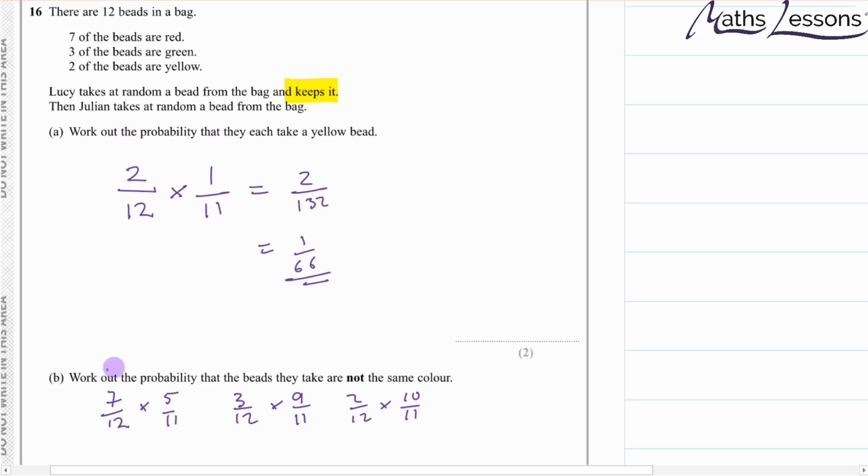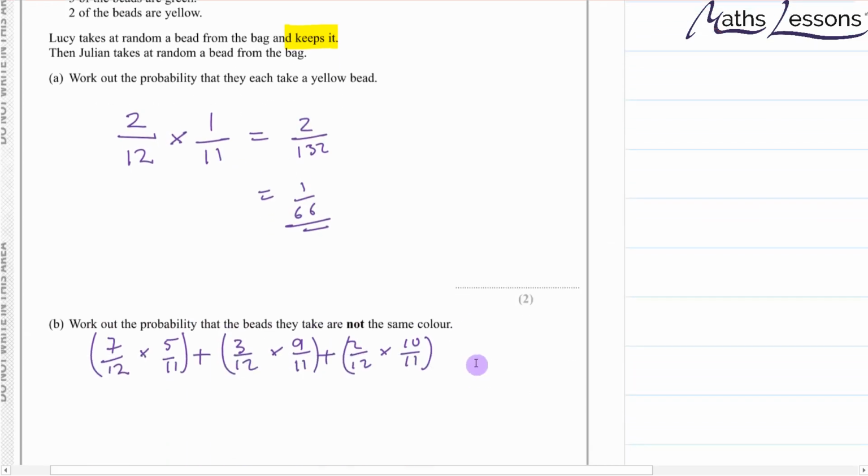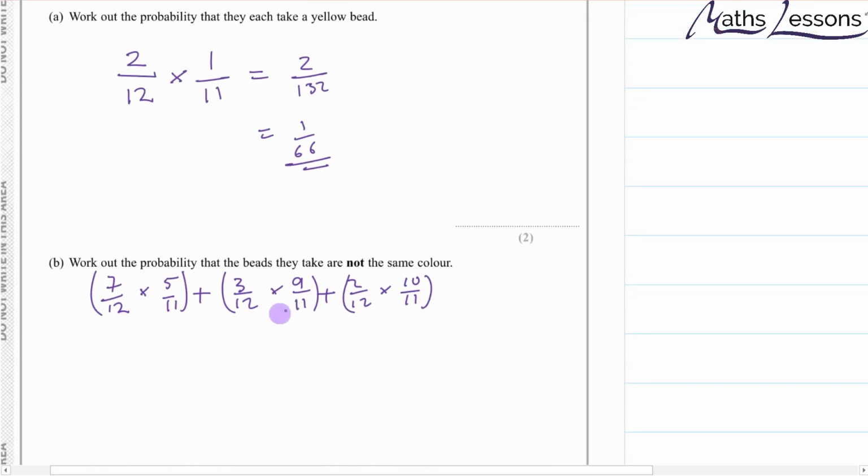So what I've done here is I've just worked out the probability of the first one being a colour, and then the second one is a different colour. And then, because it could be that or that or that, we add all these possible answers together. And I suggest you keep it with the big fractions on the bottom. Don't try and cancel down early, because then it makes it harder to add them, because you want common denominators.